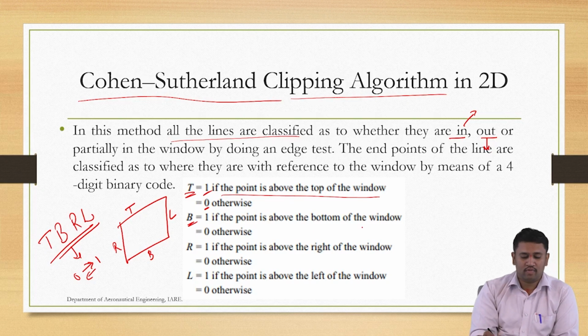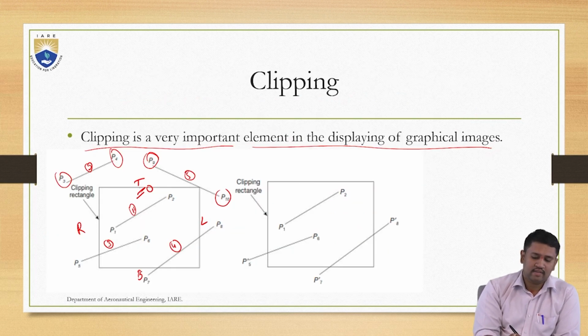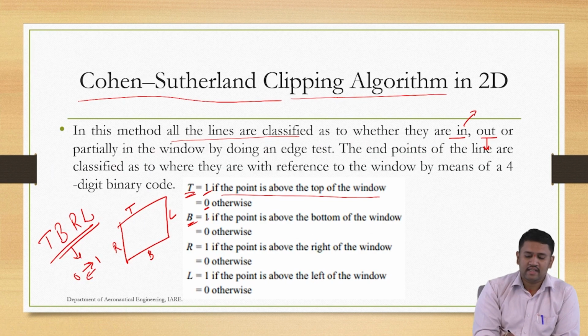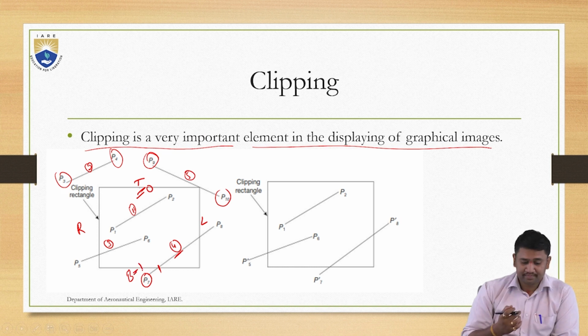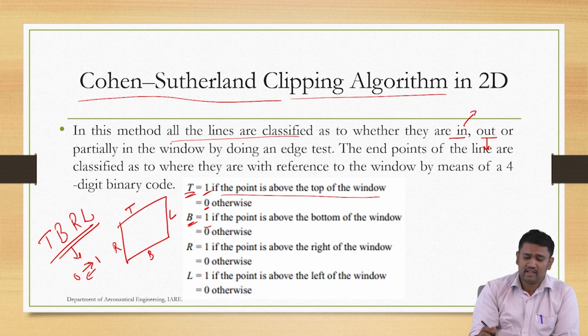If any point is below, you can see point B. Under line 4, one point is below, and it's intersecting the bottom edge of the rectangle. In this case, B will be 1. Next, what about R?